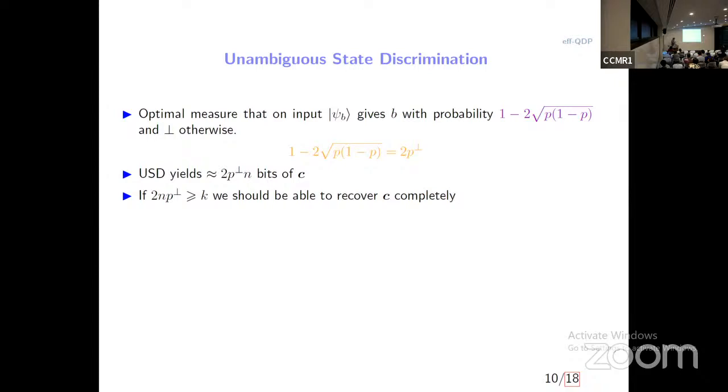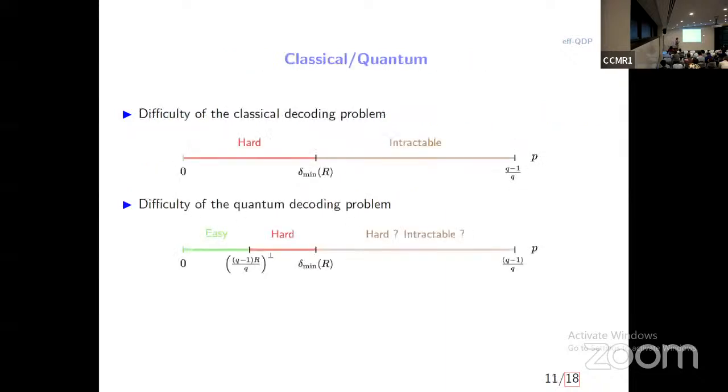Great. So what do we have here at the end of the day? If you look at the classical decoding problem, it's either always hard, so we don't have any polynomial algorithm for doing this, or in the information theoretic regime there are basically no solutions.